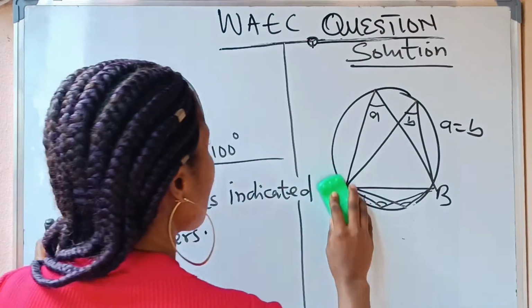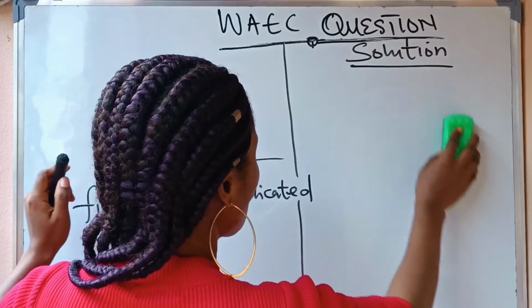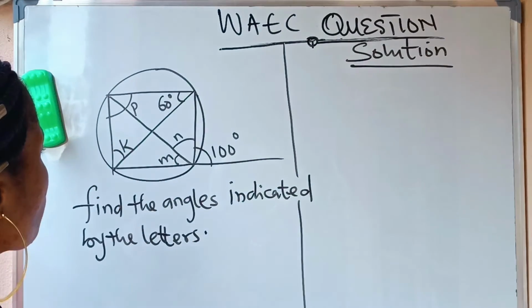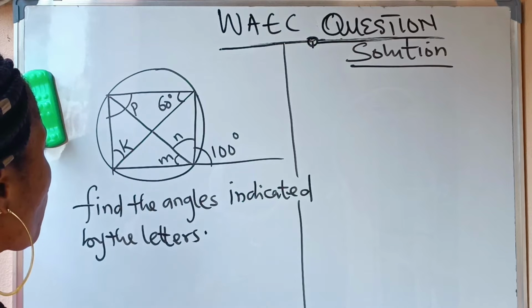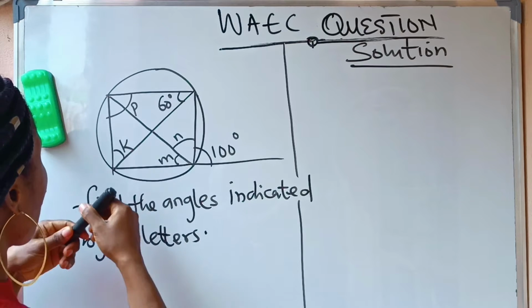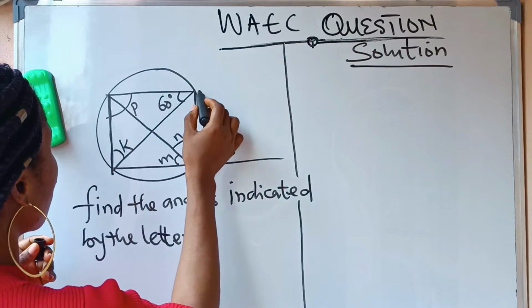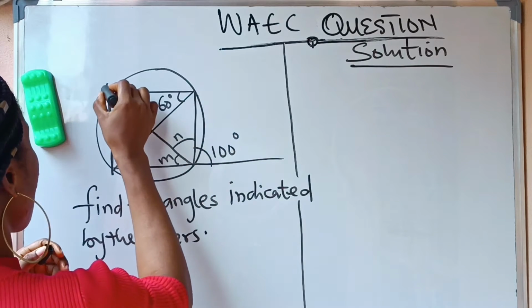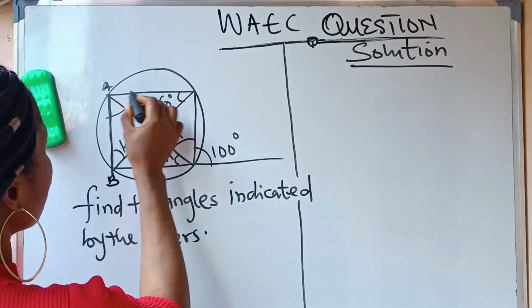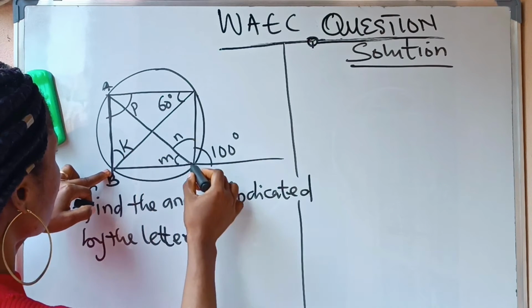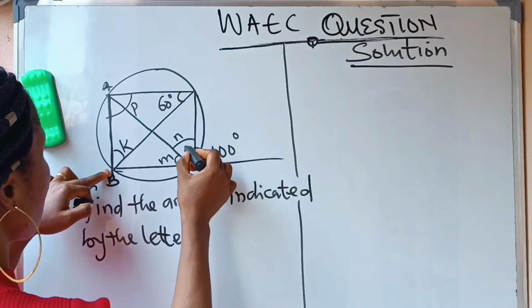Now, let us use that to relate to what we have here. When you look at this picture, we have a chord, and a line drawn from this A to this B, and another line drawn from this A to this B, and we have this and this.